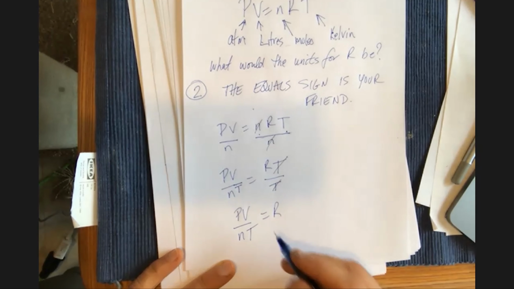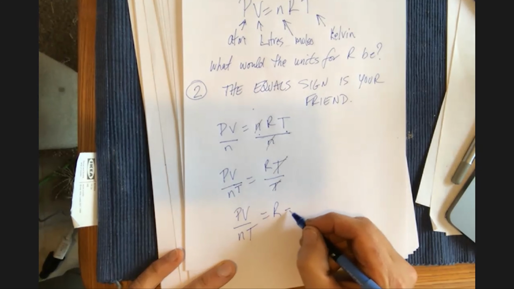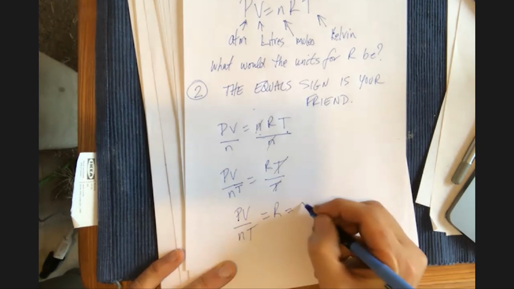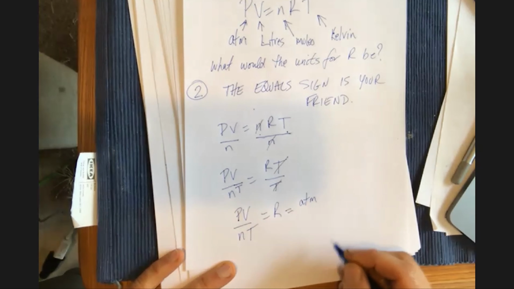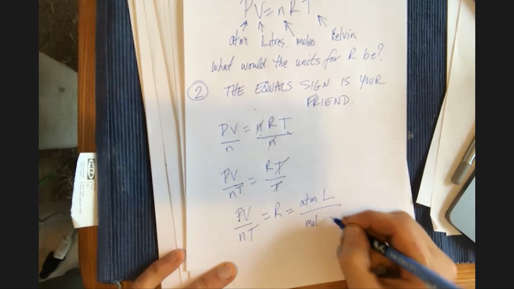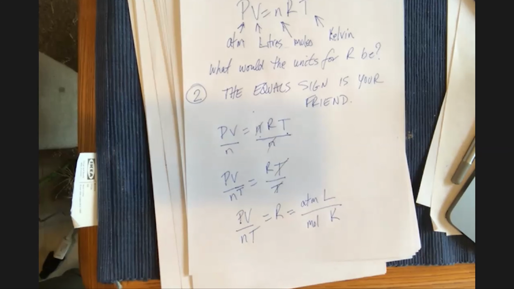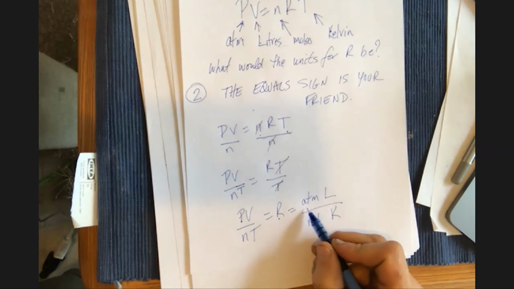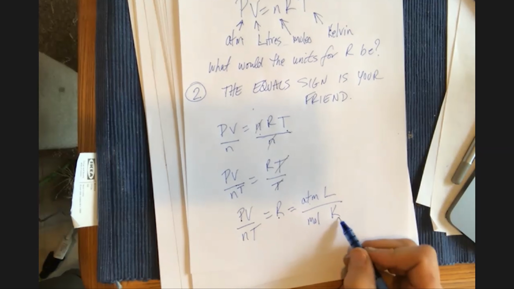And what do I know? The equal sign is my friend, equals. So here's my pressure, atmospheres, liters over moles, Kelvin. All of these things have to be equal. And so what is the unit for R? It's liters atmospheres per mole Kelvin.